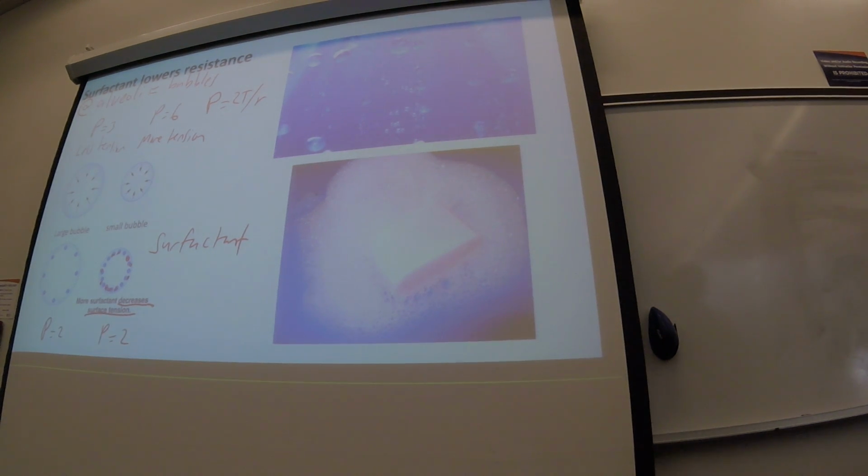And how much surfactant you add will determine how much you have a pressure drop. And so our alveoli have surfactant in them. And you can see the differences in the effect of surfactant, the pressures with the different surfactant here.